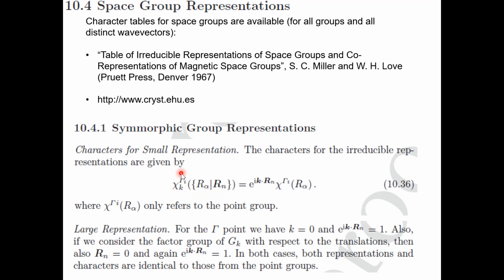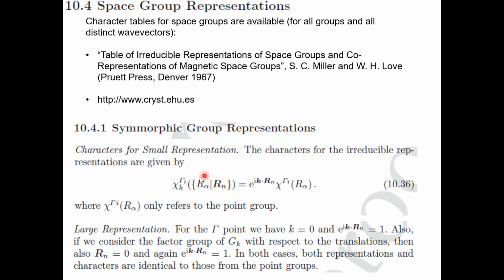So the characters for a given irreducible representation gamma i also carry the label k for a given k point, because for every different k point we are going to have a different group, the group of the wave vector associated to that particular k.